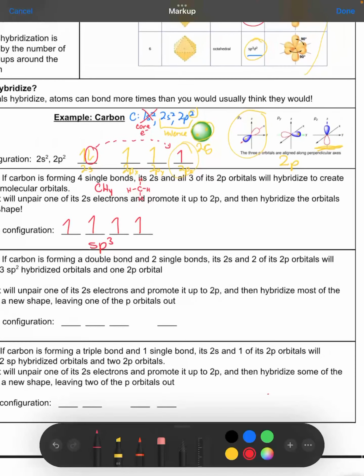Okay, so visually what that looks like is you're no longer going to see separate orbital spaces like you're seeing there. Instead, you're going to see something like this. We have our carbon atom, and then we see 1, 2, 3, 4 orbital spaces, and your orbital spaces are going to look a little bit more spherical than p's traditionally look, but not perfectly spherical.